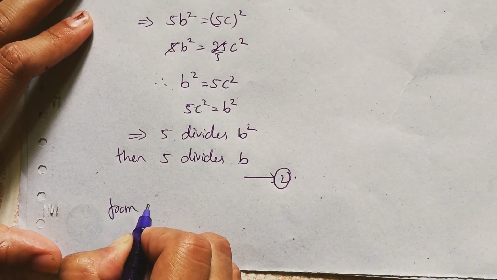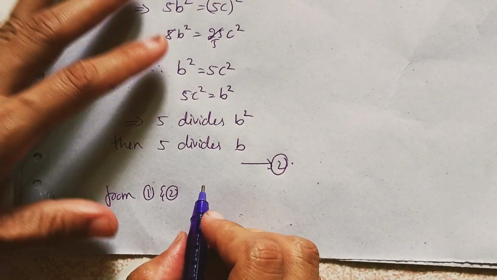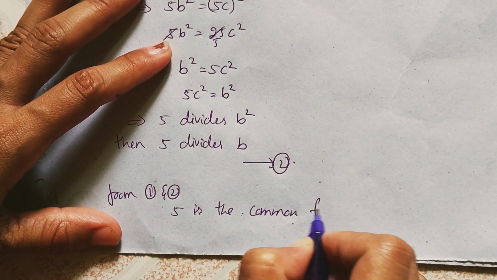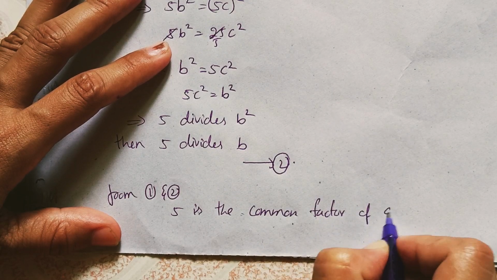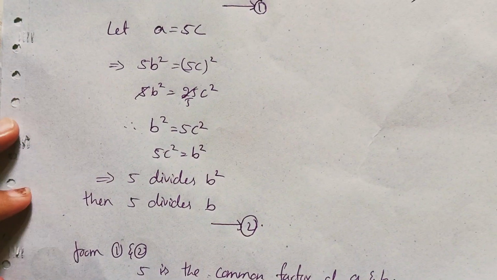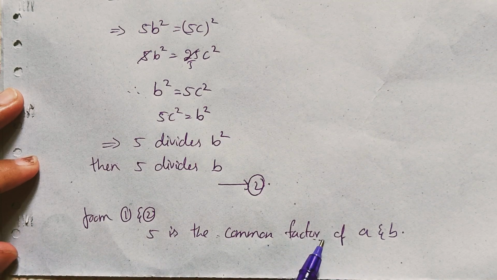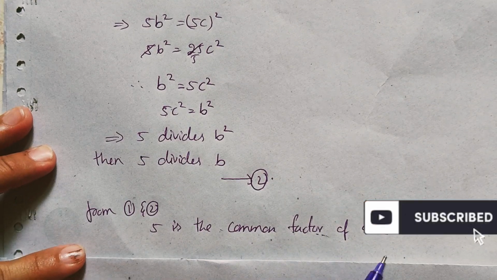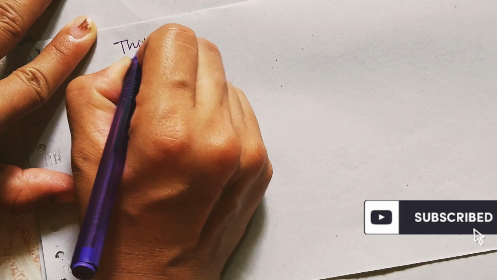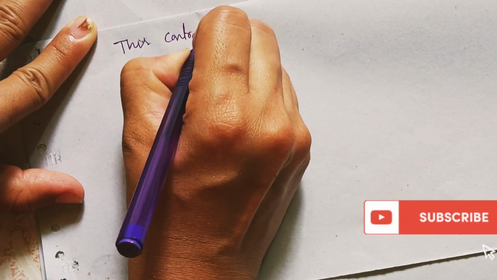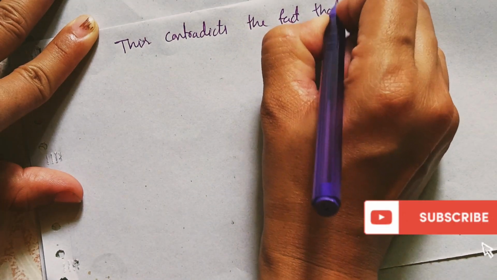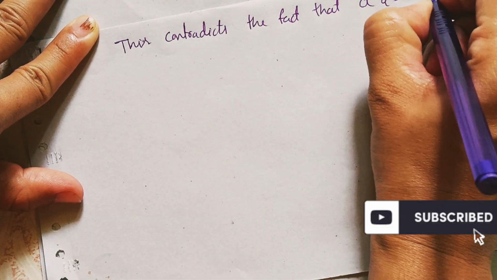So from 1 and 2 we can say that 5 is a common factor of a and b. This contradicts the fact that a and b are co-primes.